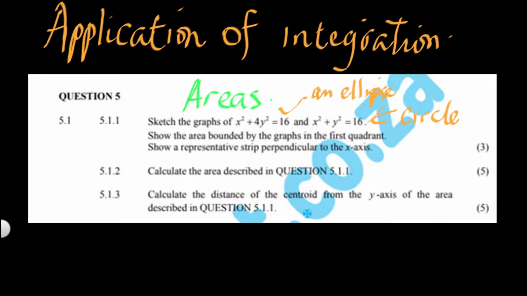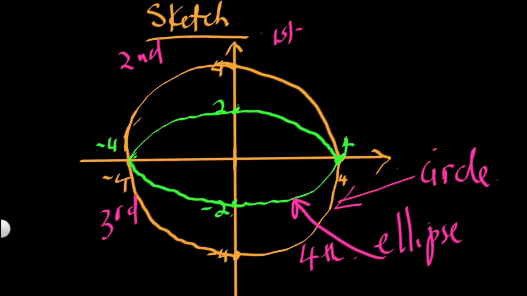This area is bounded by the two graphs in the first quadrant. That's what we're worried about. So we just have to go there and do the drawing. This is the area. I'm just going to highlight it in a different color. Let me use blue. This is the area we're talking about.